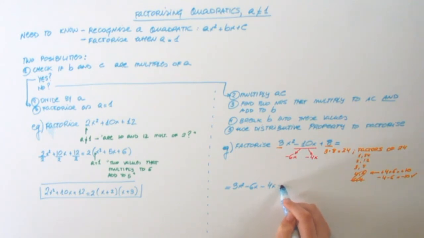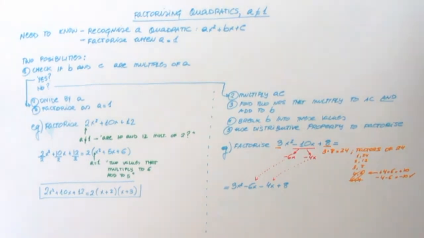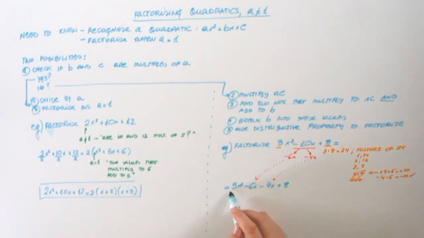And then I'm going to factorize the first two terms separately. If I factorize these two, the maximum factor I can divide both of them by at the same time is 3x. So this is the same as 3x times x minus 2 inside the bracket.